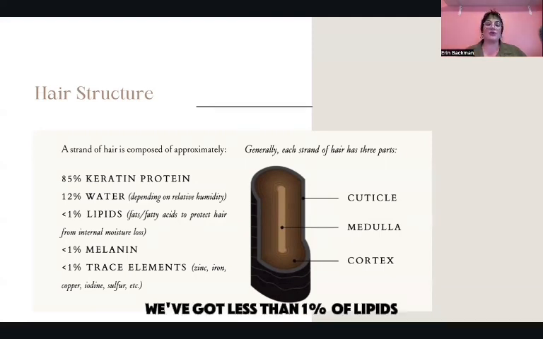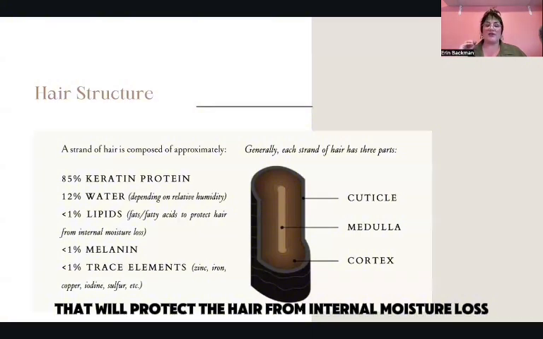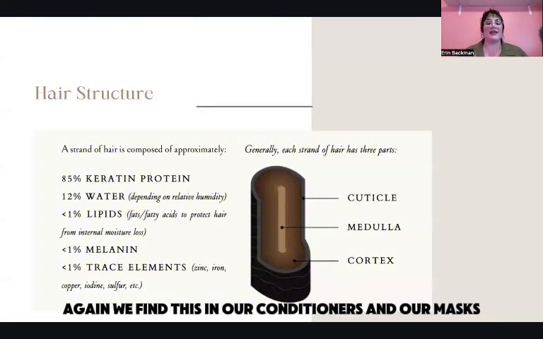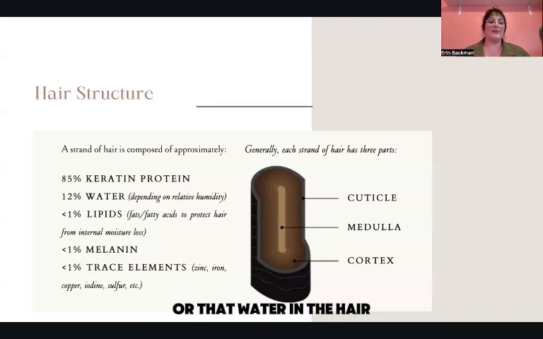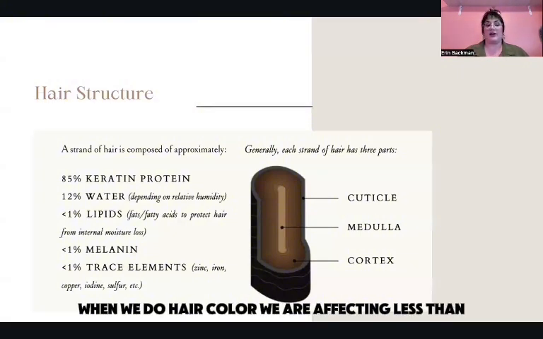We've got less than 1% lipids, and these are fats or fatty acids that will protect the hair from internal moisture loss. Again, we find this in our conditioners and our masks because we're trying to keep that moisture or that water in the hair. We have less than 1% melanin, and this is what is affected when we do hair color.